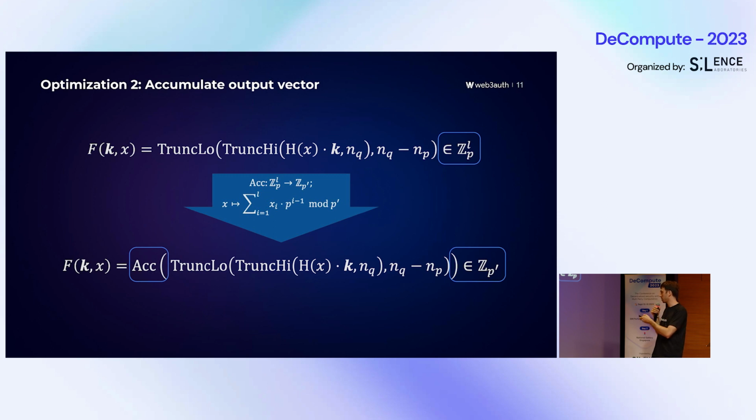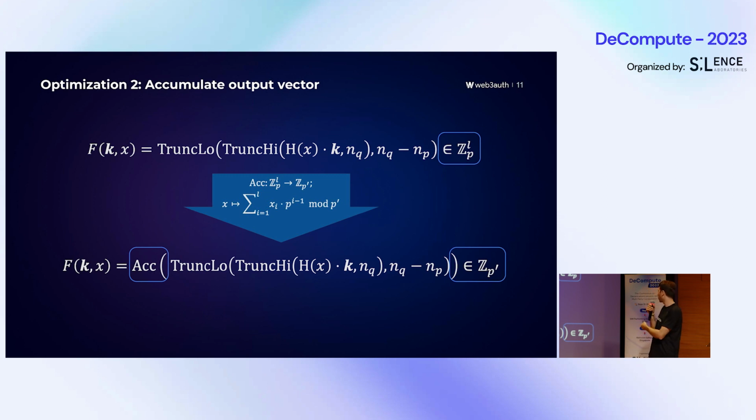The last thing we need is, we have an output vector of our PRF, but we actually just need a single element over a prime field.